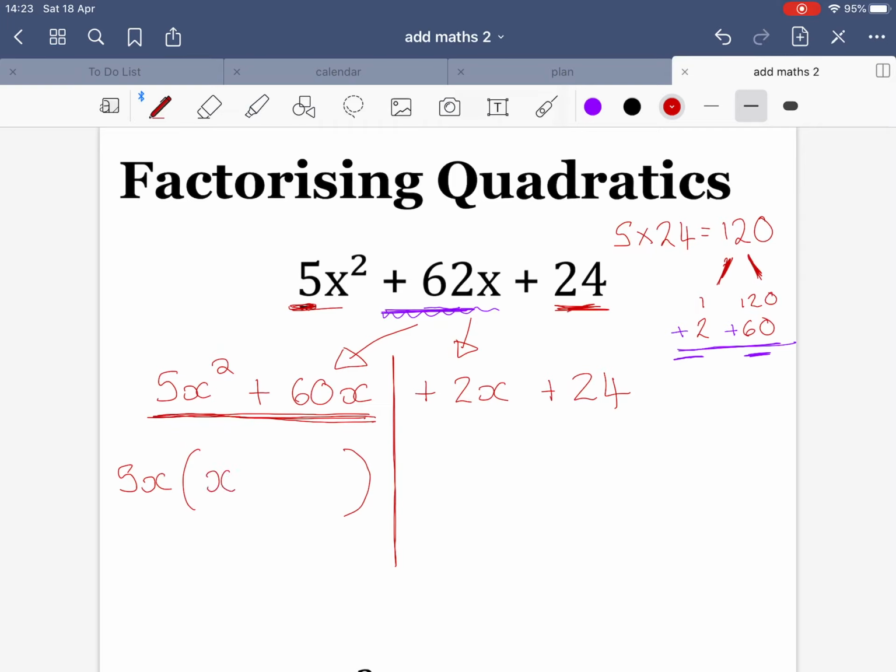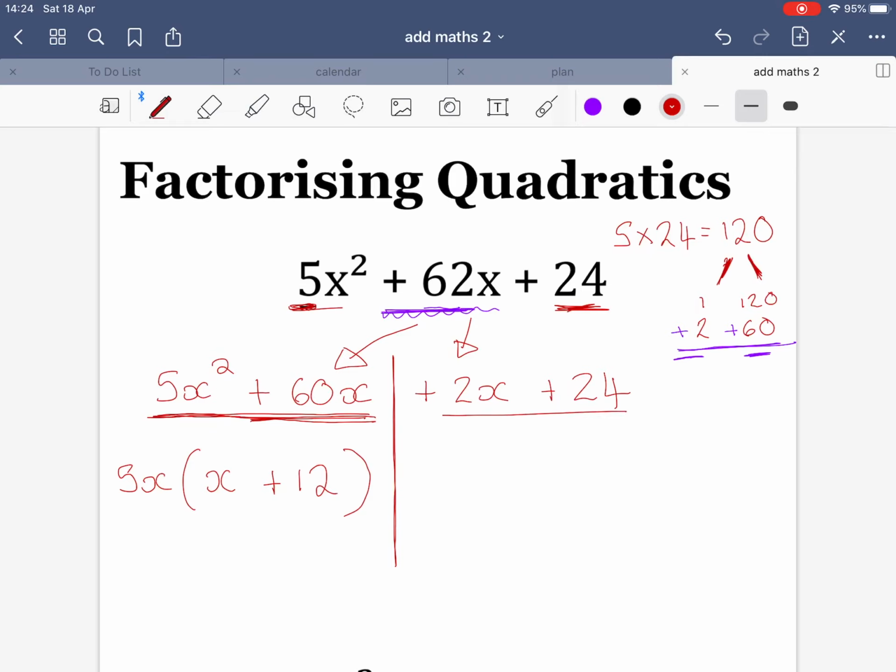We just need another x. So 5x times x gives me 5x squared. Now 5x times what gives me 60x? 5 times positive 12, because there is also a positive 60. So I've factorised that one half.